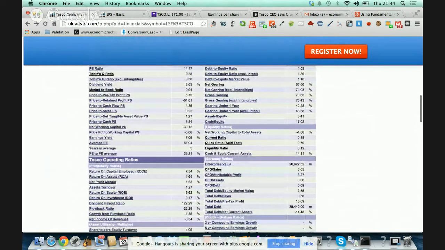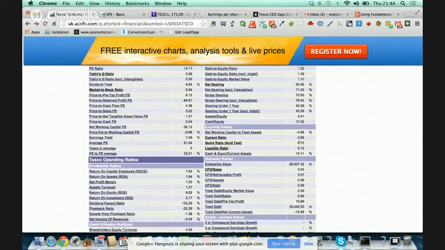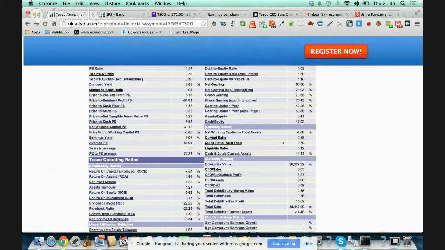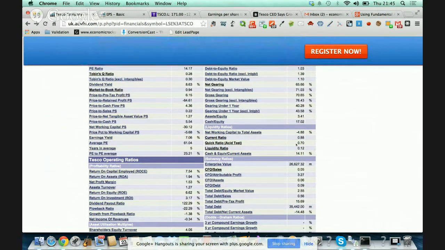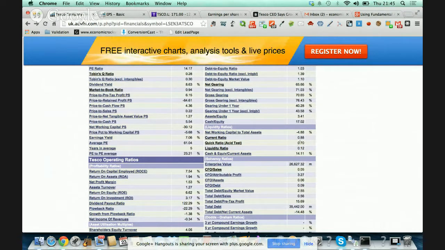You want a liquidity ratio of 1 and a current ratio of about 2 to 1, possibly a quick ratio of 2 to 1. Here, the asset test, that's your ratio of assets to liabilities. So here you're possibly taking on more liabilities than you have assets. That's under the value of 1, which is not good.